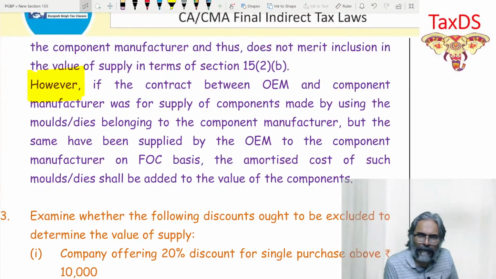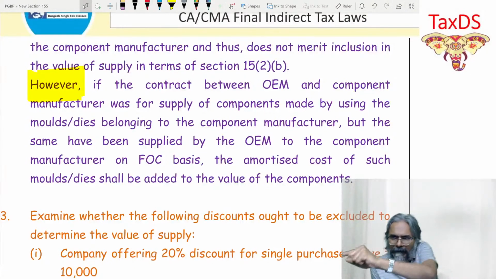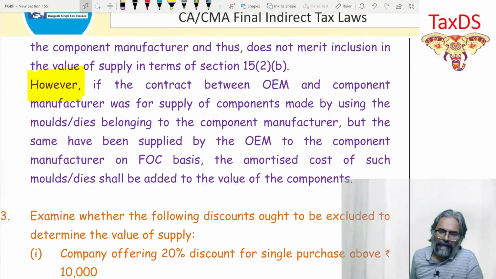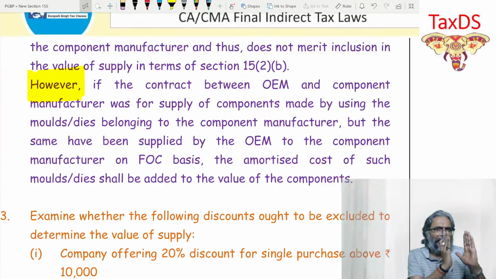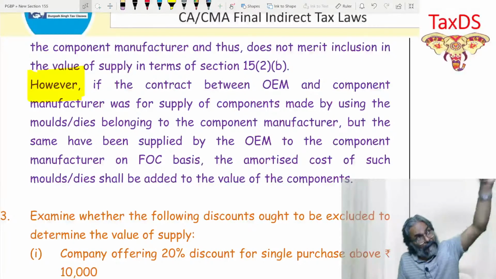Didn't I tell you this? Who is now supplying in this case? The supplier in this case happens to be the component manufacturer. But as per the contract, originally, it should be of whom? The same battery example. It should be of the component manufacturer.